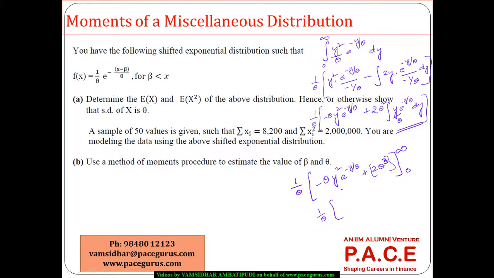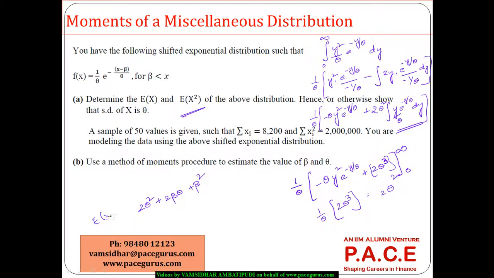So it is left with 2 theta cube, which results in 2 theta squared. So the first term is 2 theta squared, the second term is 2 beta theta, and the third one is beta squared. This is what will come out to be our expected value of x squared.